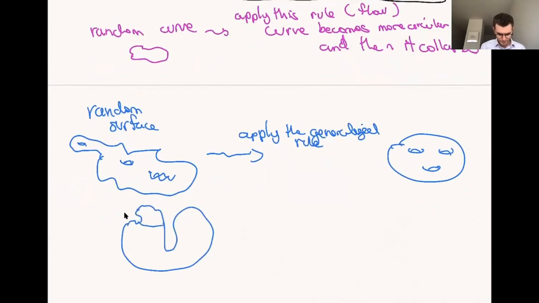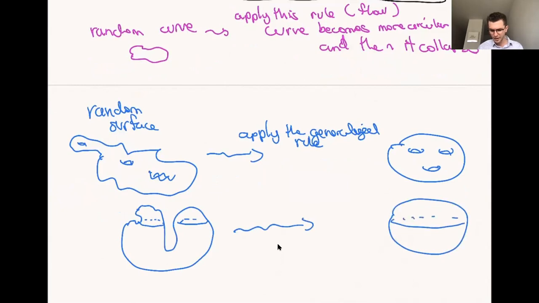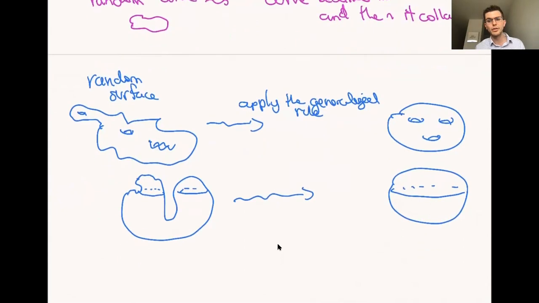But if you think of this as a punch ball, right? This one has no holes, and so when you apply the rule, this will try to become a perfect sphere, meaning that when you started with your random surface, its fate is more or less determined by the number of holes that it had.